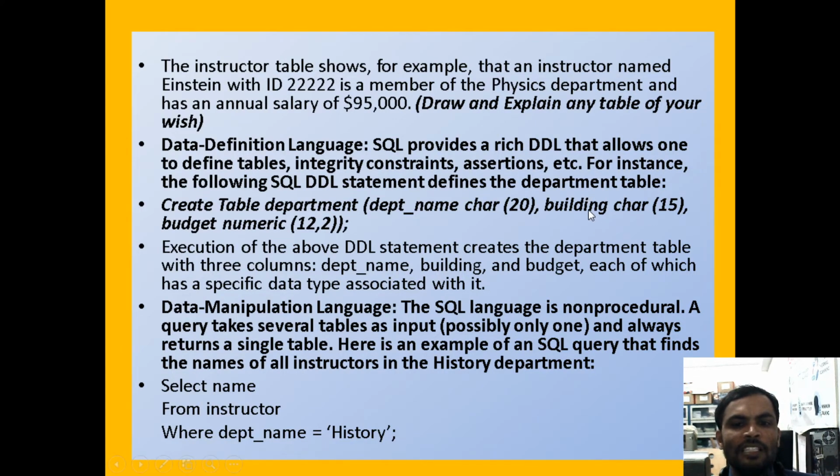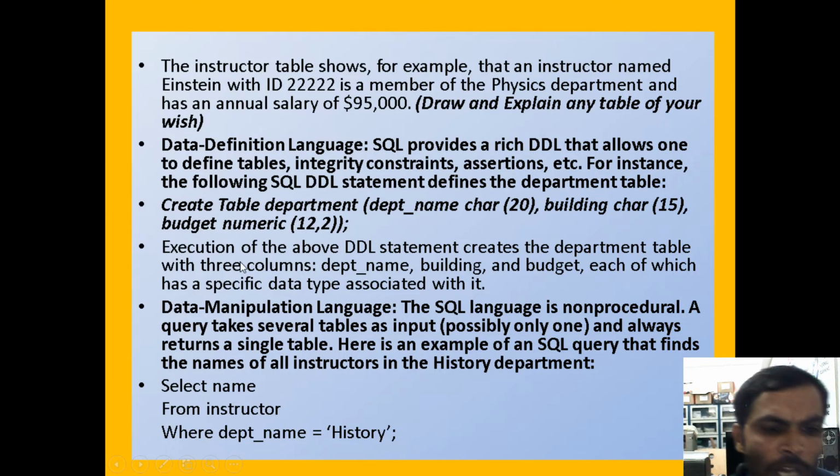Here the building is the attribute name, character is 15. For the building name we can insert only 15 characters. Then the budget they gave as numeric values. Under the budget, why they gave 12 comma 2: we can insert up to 12 digits, and within the 12 digits, the last two digits come after the decimal point.